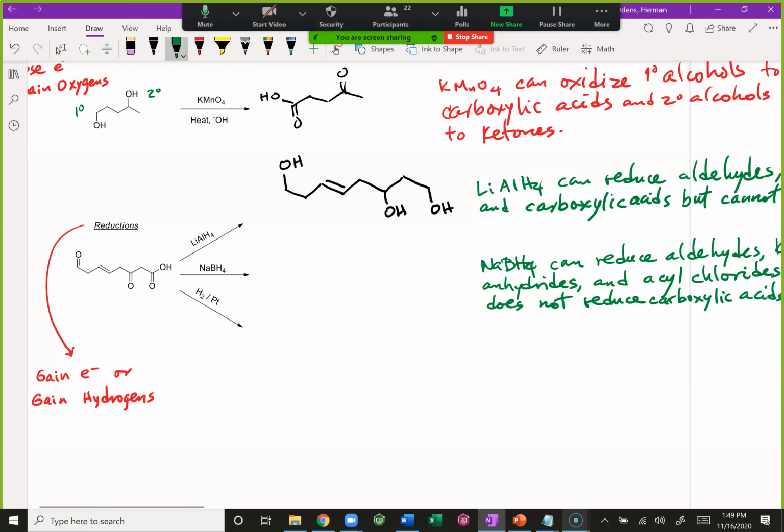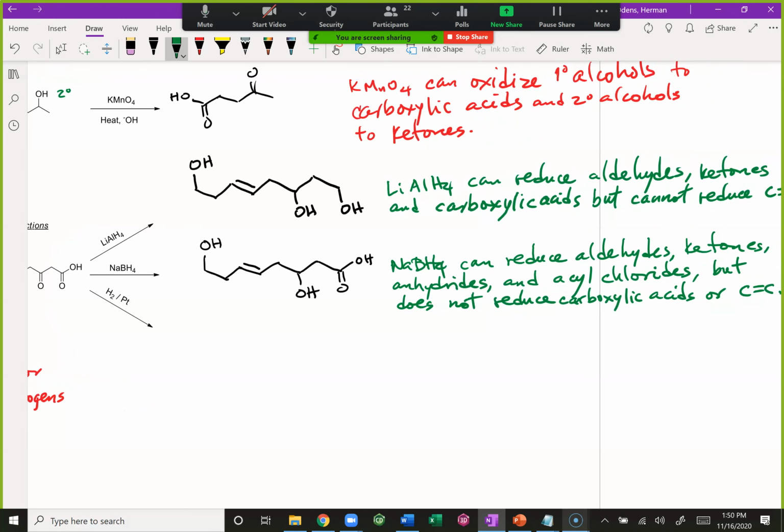All right, so what do we get here? We have 8 carbons again. It will reduce the aldehyde. It will reduce the ketone. It will not reduce the double bond or the carboxylic acid. That will stay untouched. Finally, we have the reduction with hydrogen and platinum. This is hydrogenation.